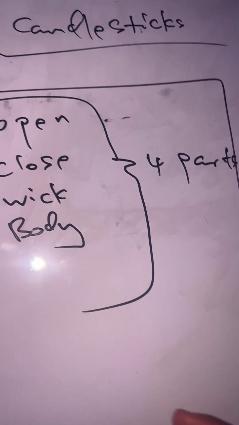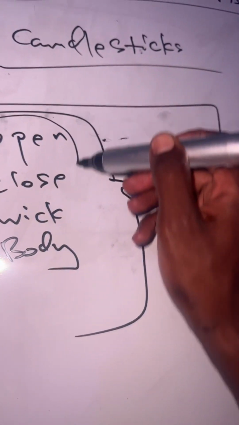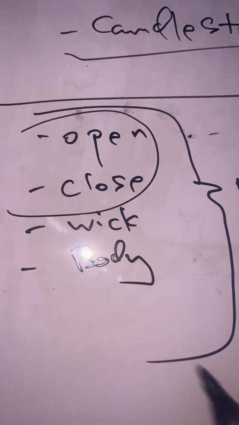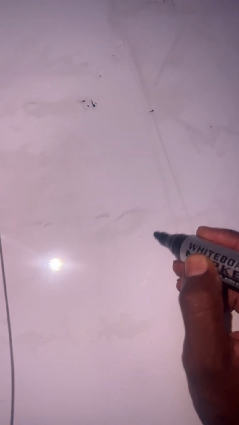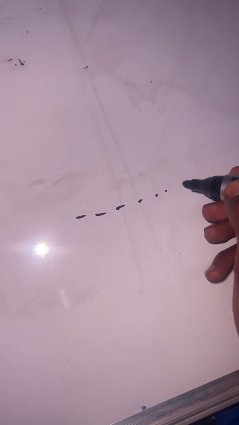So the open and the close are what show us whether our candle is bullish here or is what? Is bearish, right? So let's say we have our open right here. We have our open right here, right?